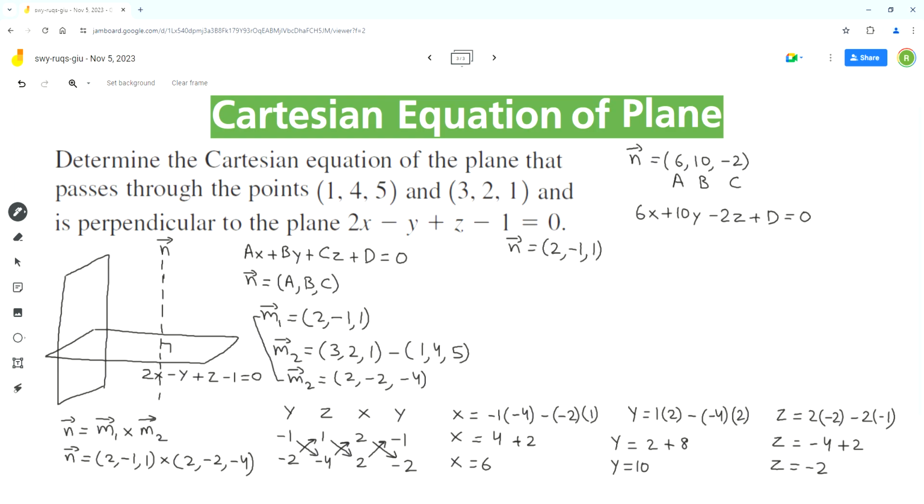Next, we have to find the value of D, and for that we can use one of the two given points. I'll use the point (1, 4, 5).